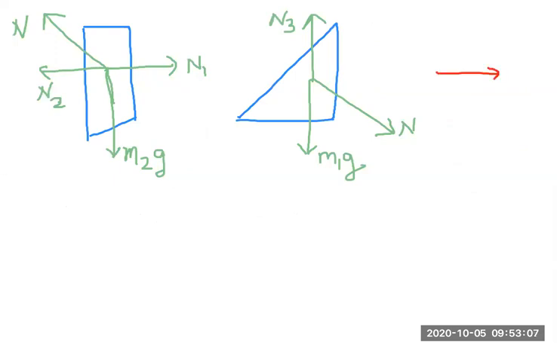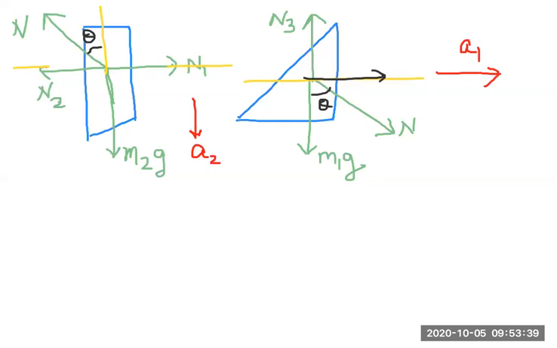Separate from the FBD, I write down the acceleration that I have assumed, A1 and A2. Now, in the direction of acceleration that I have assumed, we have to take the axis, and then I have to find the components. This angle will be theta, this angle will be theta.